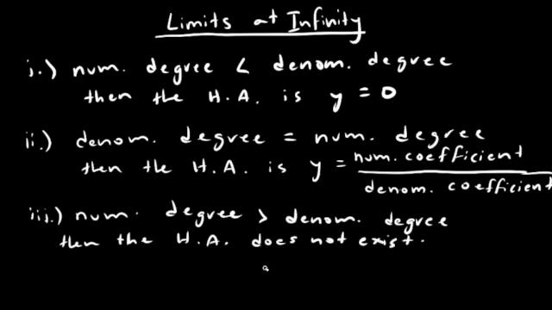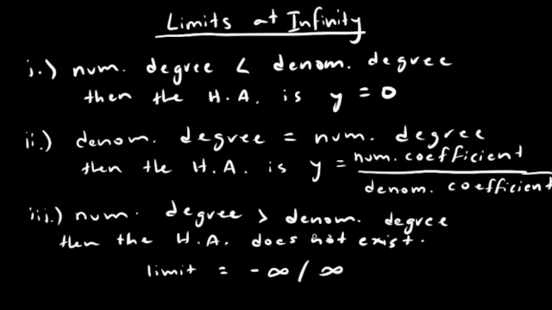And so what this means is that there's no horizontal asymptote, and the limit would be either negative infinity or infinity, depending on the function.